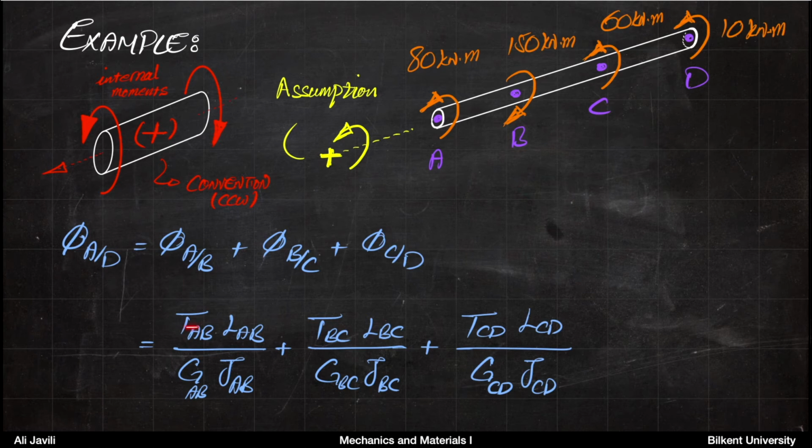So it would be T_AB, L_AB divided by G_AB, J_AB, and so on. For simplicity in this example, you may imagine that these are the same, but they don't have to be the same. So the way I'm writing it is just generic.